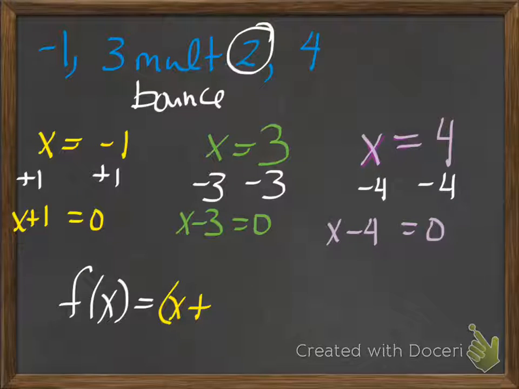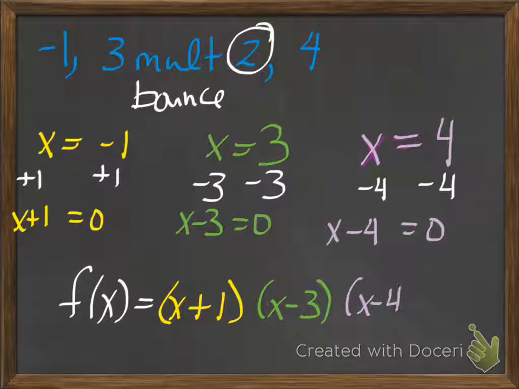And so we have x plus 1 times x minus 3 times x minus 4. And you go back up here and you look, okay, there was a multiplicity of 2 on this one, so I need to put a power of 2.